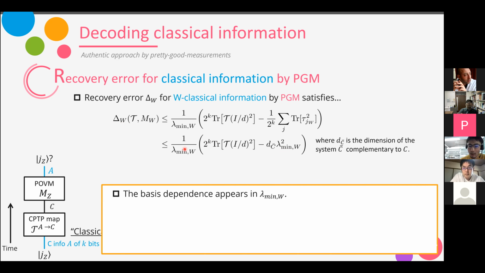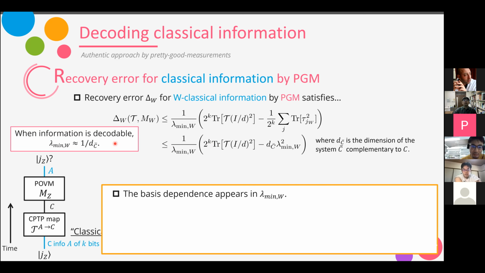But the upper bound depends on the choice of the basis only through lambda min of W. So the basis dependence appears in the upper bound only in terms of lambda min W. But we calculated this quantity for several cases, and it seems that when the information is decodable, lambda min W is approximately given by 1 over the dimension of the output system. Well, this is not a proof, just our speculation, but it is at least true for several instances.